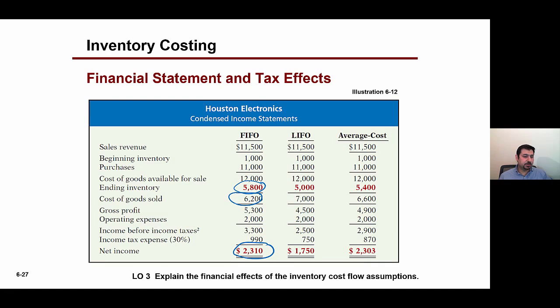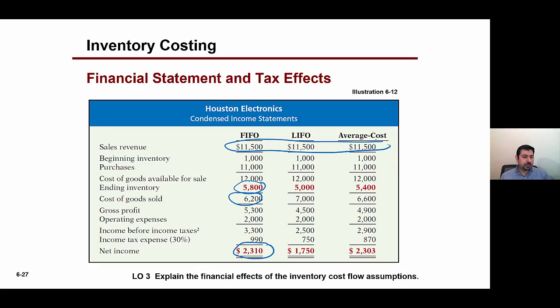This makes sense because sales revenues don't change, but under FIFO you have less expenses, because cost of goods sold, which is an expense, is lowest under FIFO whenever we have inflation or rising prices.